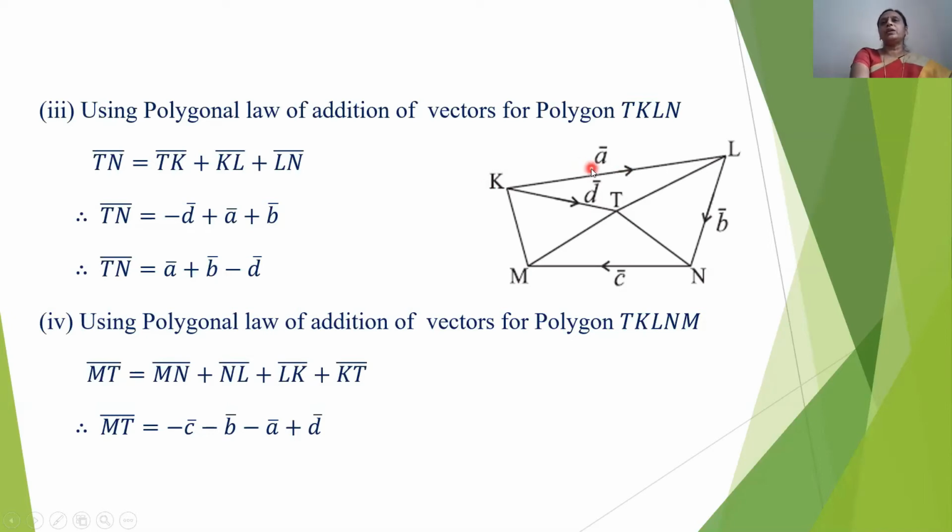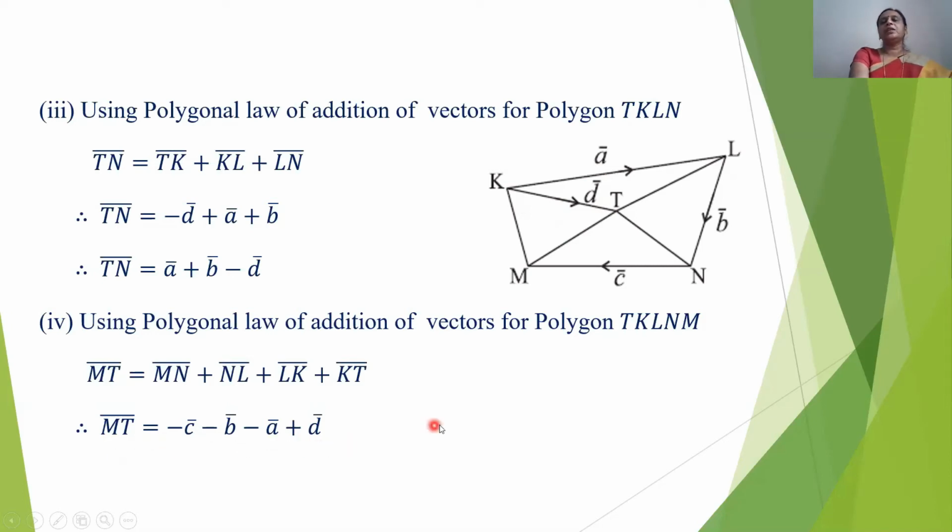If you are going according to direction of that vector, you write that position vector as it is. But if you are going opposite to direction of that vector, then you change the sign of position vector. Here we are going in the same direction as that vector. Therefore, this will be as it is. KT bar will be D bar.